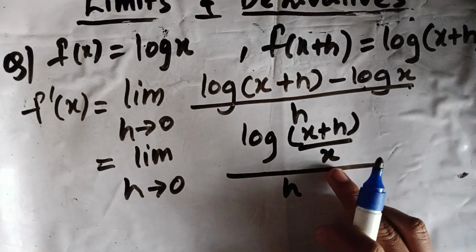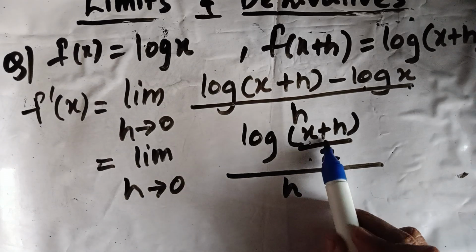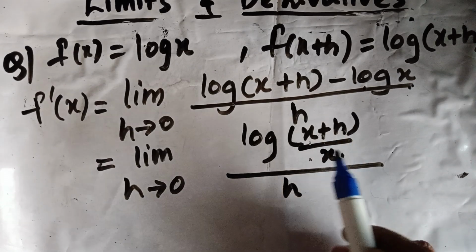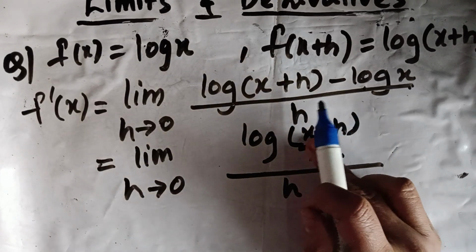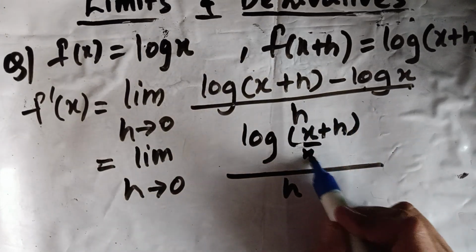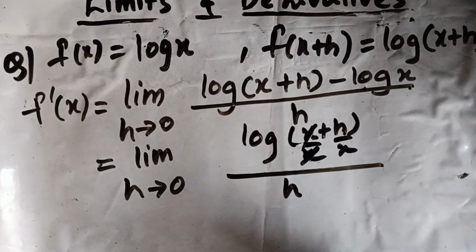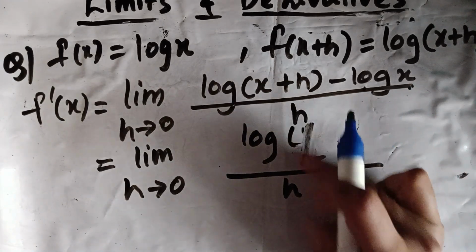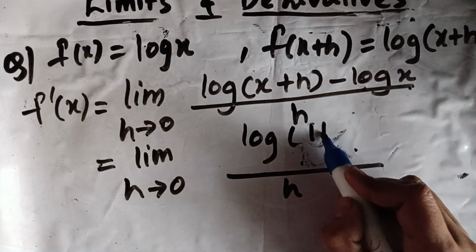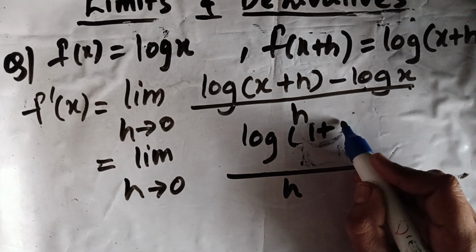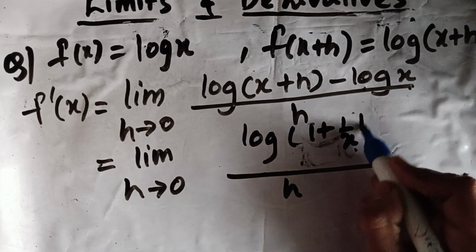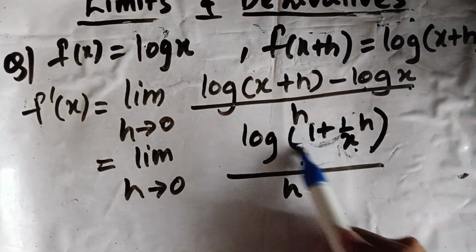Okay. So this becomes x upon x plus h upon x. Correct? So x upon x, I'll write it here. So this gets cancelled. So you'll get 1 plus 1 upon x into h. Okay.